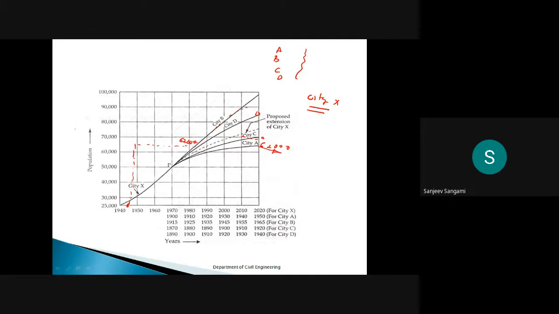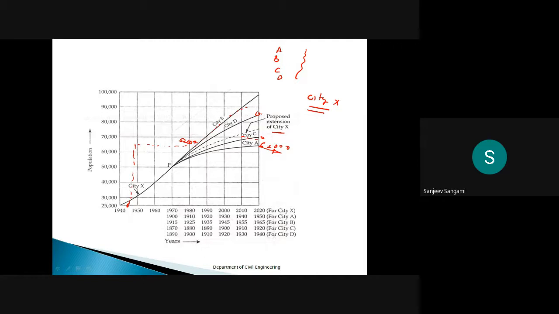Assume that the population for city A is coming here in 2020, for city B it is coming here, and for city C and city D it is coming here.